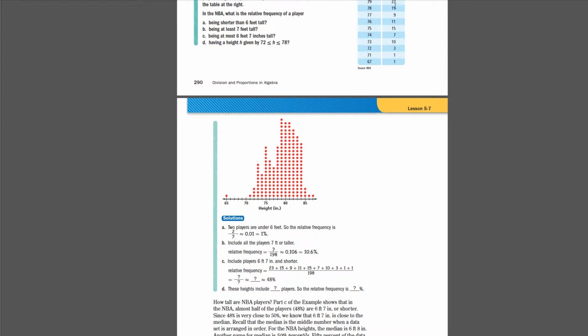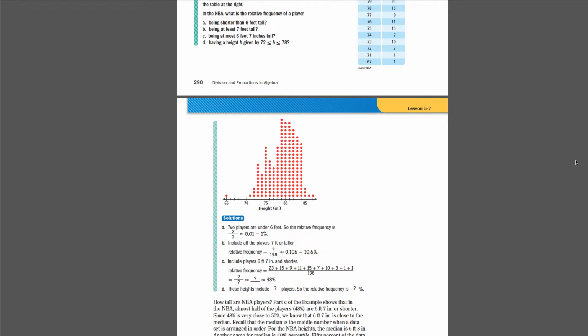Both of those in this inequality are included, so 78 inches and 72 inches are both included in this calculation. We add those up and we're going to find we have 70 players, and so the relative frequency is going to be 70, the number of players within that category, divided by 198, the total possible number of choices that we have here. So the relative frequency is about 35%.